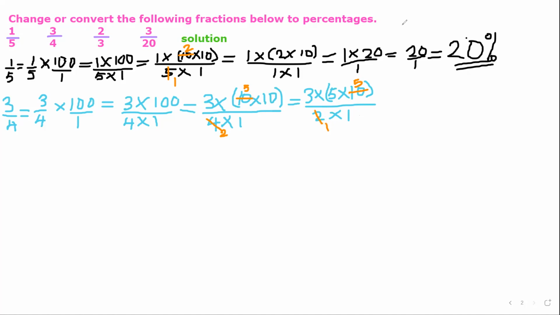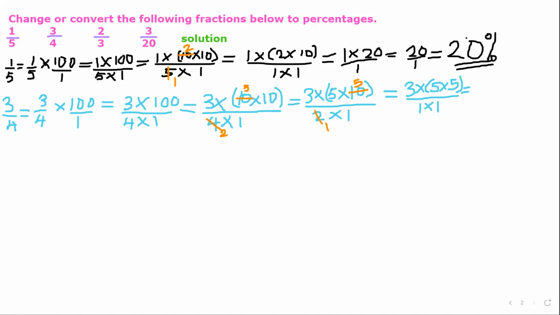Okay, now we have gotten 3 times, in brackets, 5 times 5, all over 1 times 1. Okay, good.